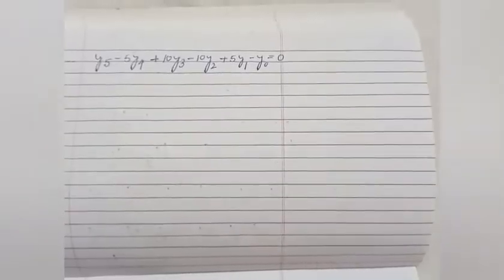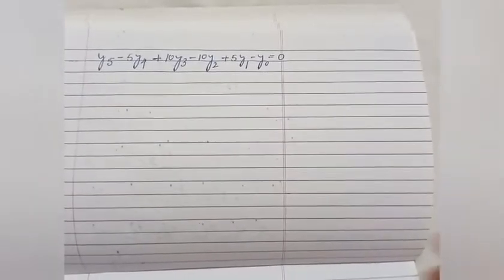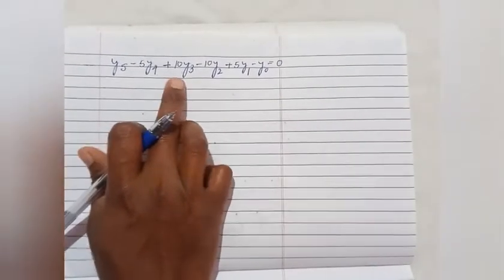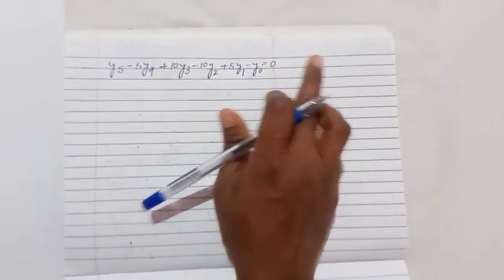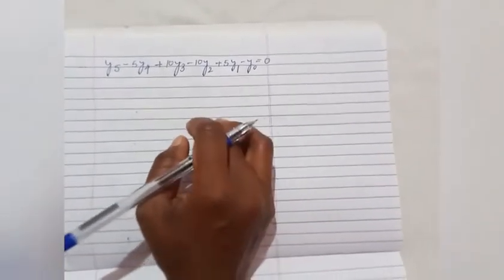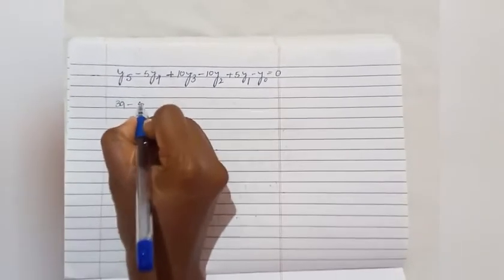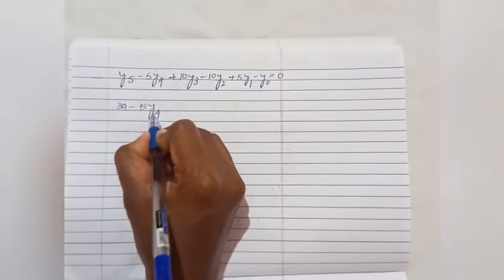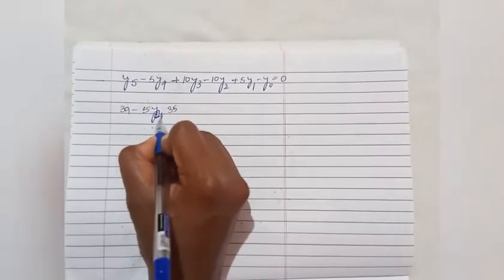Okay, that y5 value, like we got 39, we have to put that value in equation 1. We can check that equation 1 like this one: y5 minus 5y4 plus 10y3 minus 10y2 plus 5y1 minus y0. This is equation 1, and in this we just have to put the y5 value. First 39 minus 5y4, in the place of y4 we have to write the value 35.